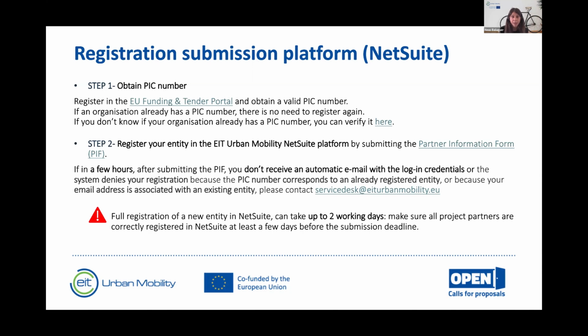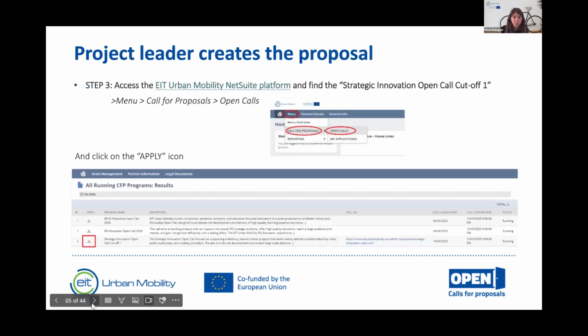Also, when you are filling in this PIF form, if you see that you have problems because the PIC was already registered, or you registered with an email that is linked to another entity, and this is not the entity that you want to apply for, also contact the service desk directly. So it is important that you don't wait until the last moment to do step 1 and step 2, the registrations, because it could take more time than you expect.